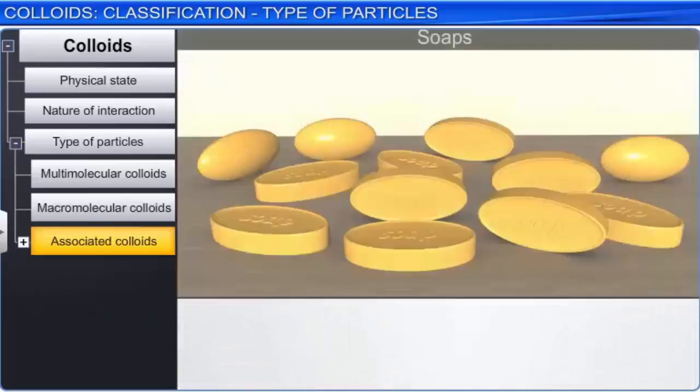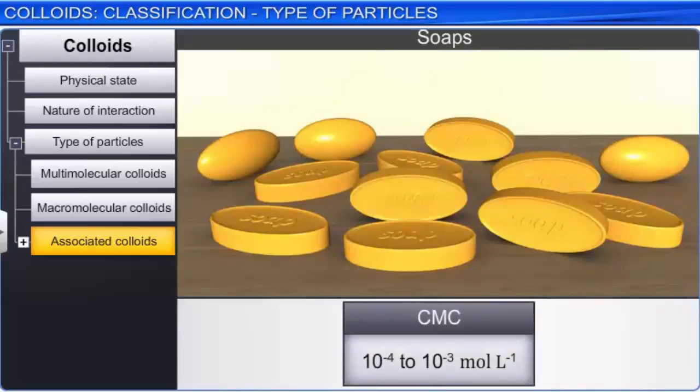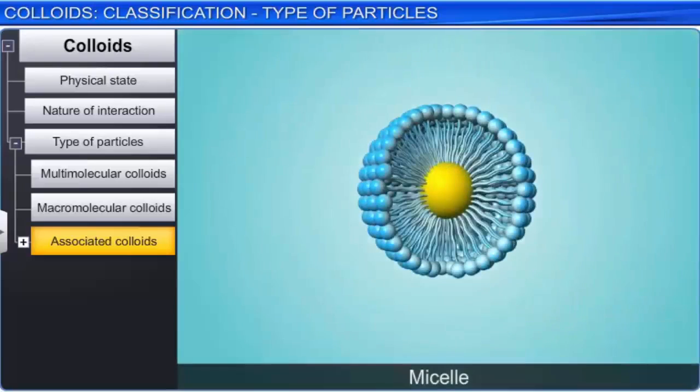Every micelle system has a specific value of critical micelle concentration. For soaps, the CMC is 10 to the power minus 4 to 10 to the power minus 3 moles per liter. Each micelle contains at least 100 molecules.